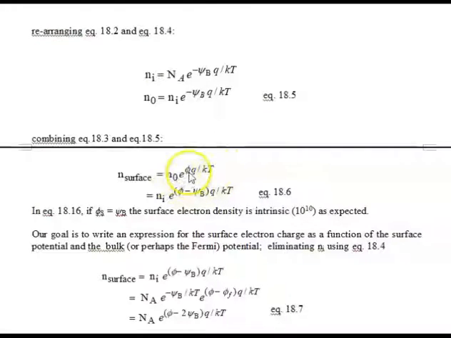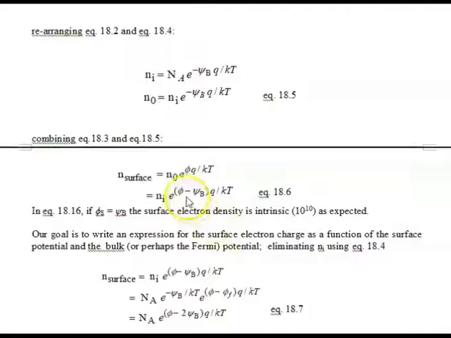And here the phi is the phi at the surface. I could have written this phi sub s, many people do. I know it's the surface because I've said surface. And then I just basically substitute for N0 using equation 18.5, and I get equation 18.6.